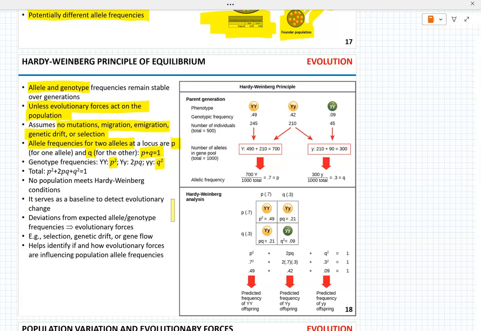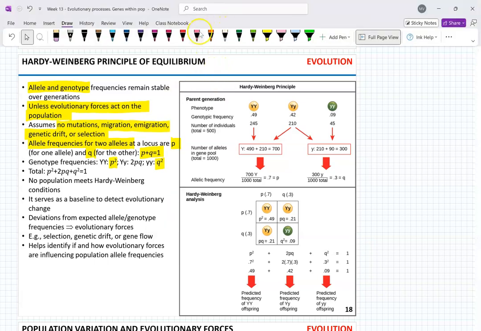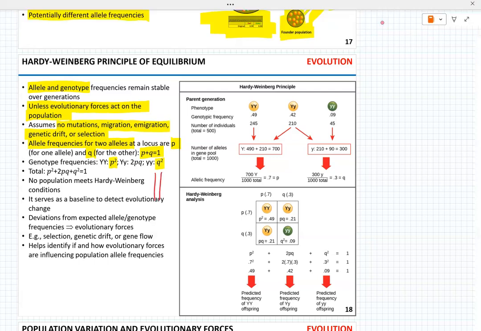The chances of the arrangement of one dominant and one recessive allele on the homologous chromosomes can be seen like this. So if these are two homologous chromosomes, you can either have this or this. So there are two possible combinations for heterozygotes.